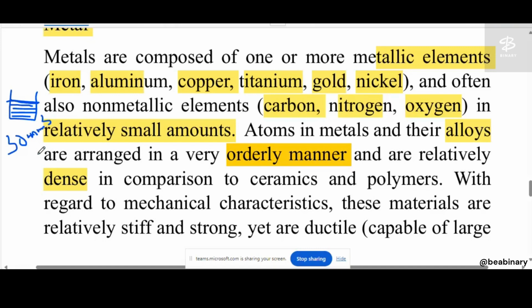In the first container you have kept 1 kg of your gas, and in the same container you have kept 2 kg of your same gas.